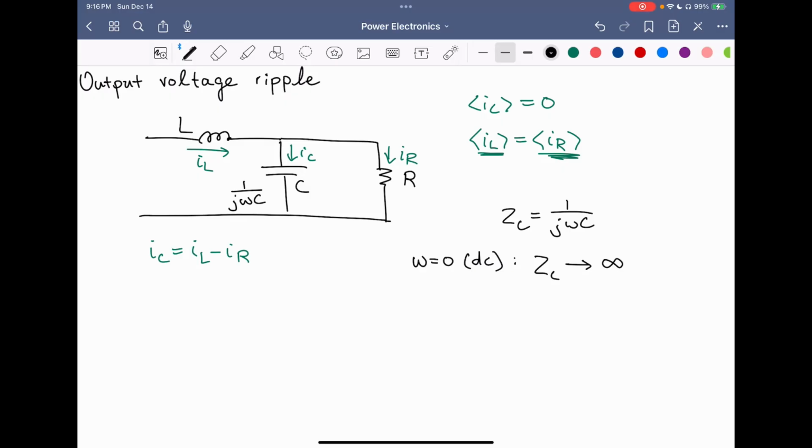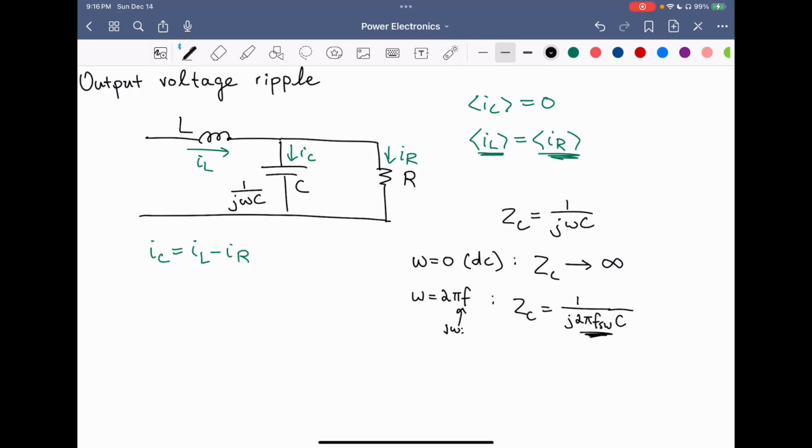Now, what about at the switching frequency, where omega equals 2 pi f? This is the switching frequency. In this case, we have ZC equals 1 over j 2 pi f, switching frequency, times the capacitance.